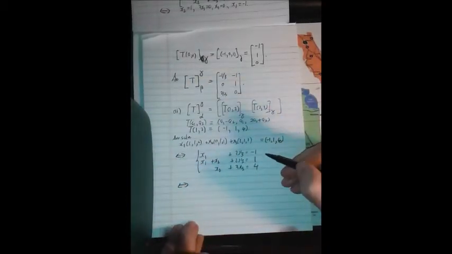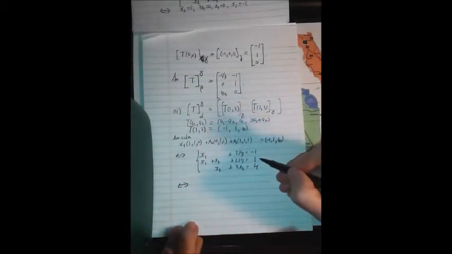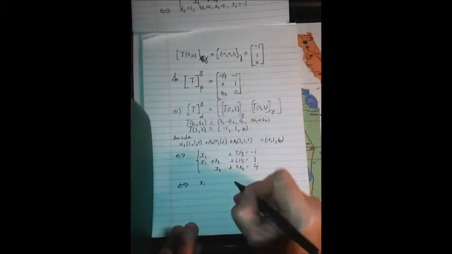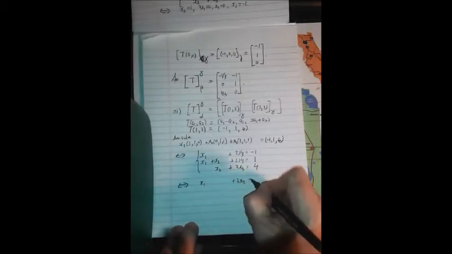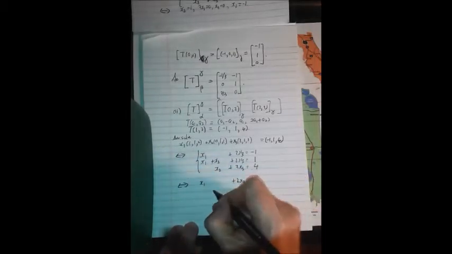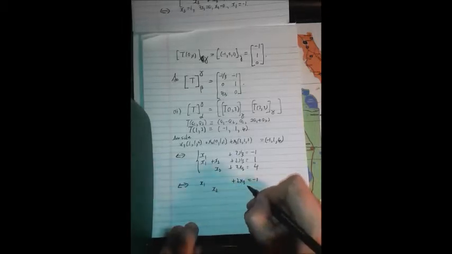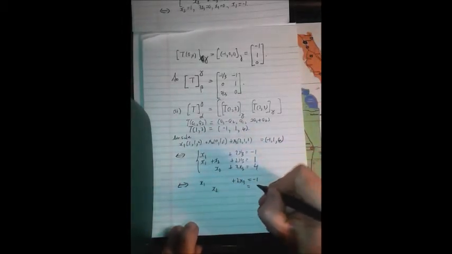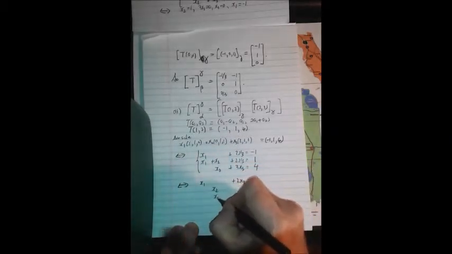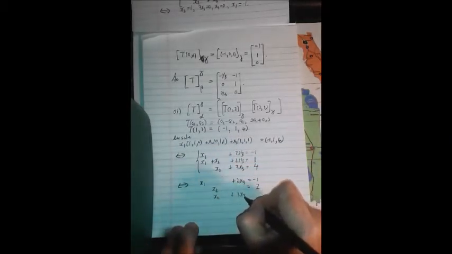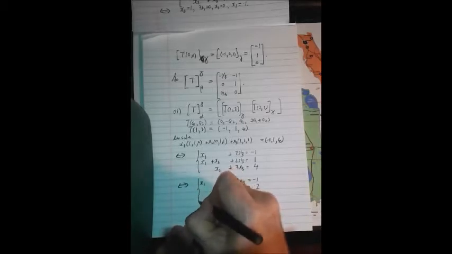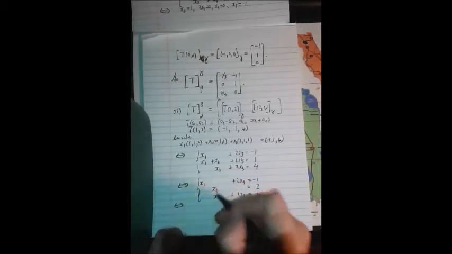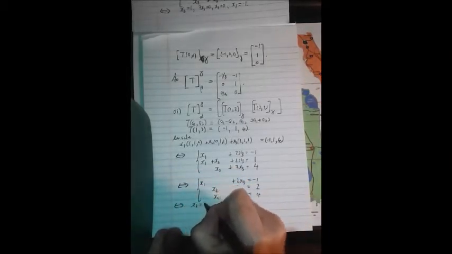Okay, again we multiply the first equation by -1 and add it to the second, and we get the equation x2 equals 2. So this tells us that x2 has to be 2.